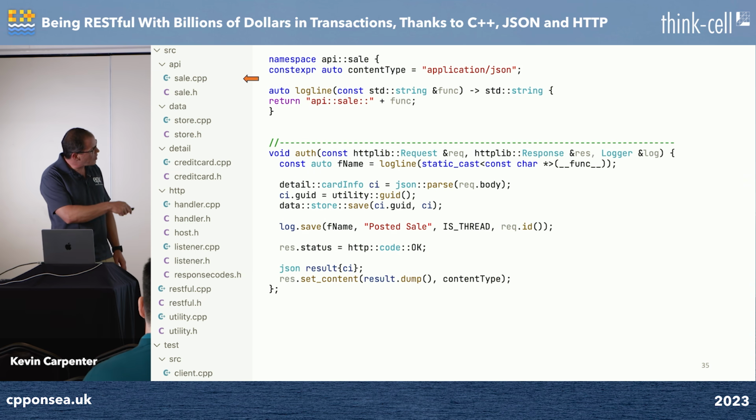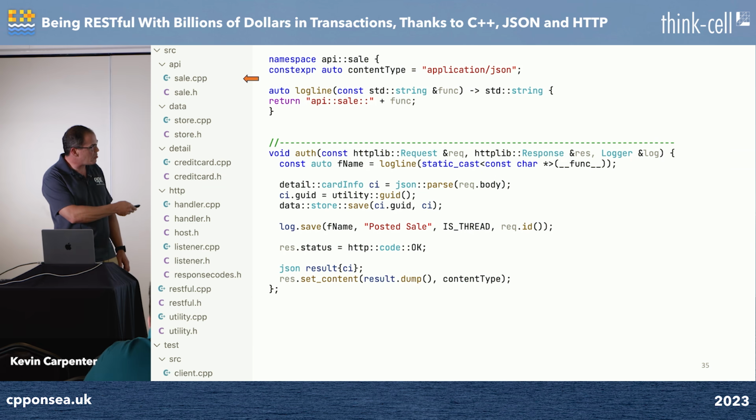Once we store the data, I'm logging out that the sale has been posted. And again, I'm setting the status code, so we end up writing out that it's going to be a 200 OK. The JSON result is created from that card info structure, and then the set content.